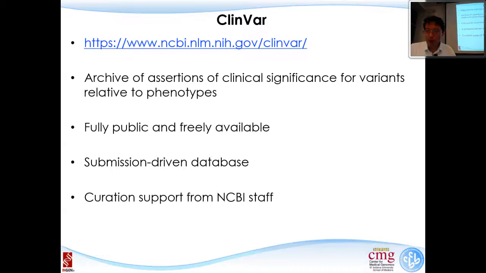Okay. Another very useful database is called ClinVar, and this is another effort by the NCBI. You can see that they archive the variants that are known to have a clinical impact on phenotypes, and those variants are typically reported by clinical laboratories and then put into this database.